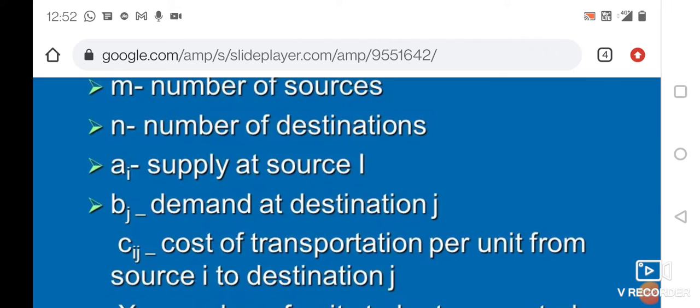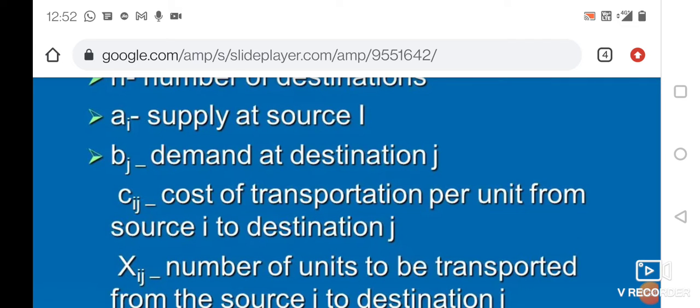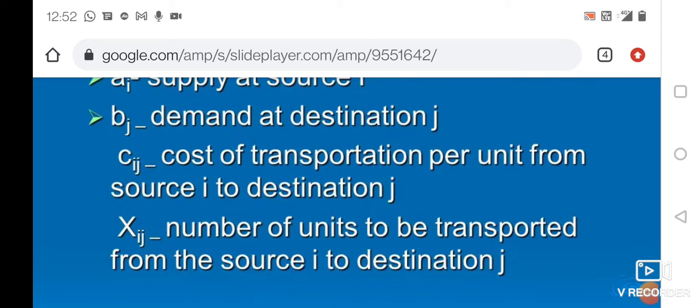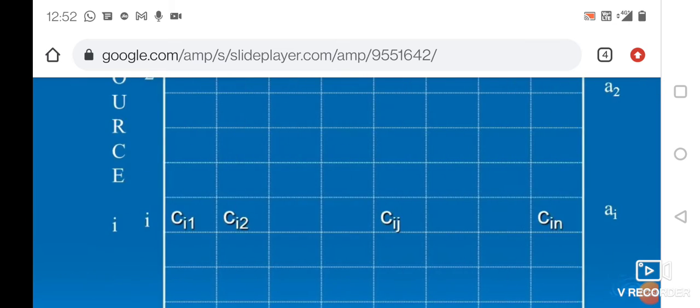M is the number of sources, N is the number of destinations, Ai is the supply at source i, Bj is the demand at destination j, Cij means the cost of transportation per unit from source i to destination j, and Xij are the notations. Xij means the number of units to be transported from source i to destination j.